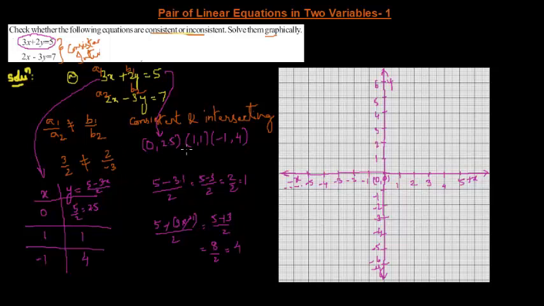So let me draw this line. 0 is x value, and what is the y value? Now, when x value is 1, y value is also 1. When x value is minus 1, y value is 4.